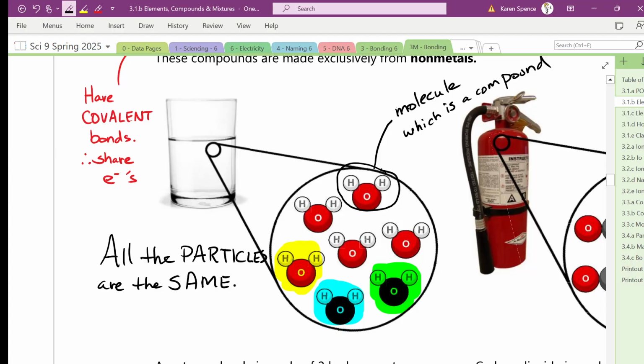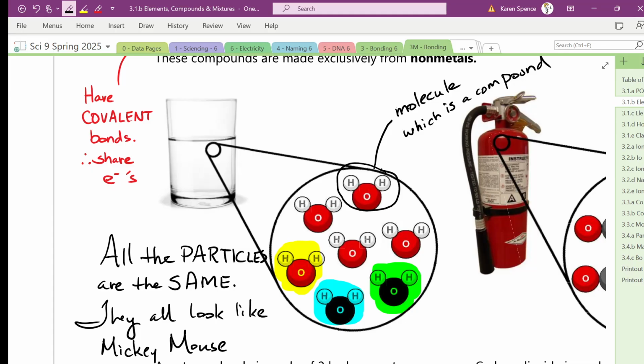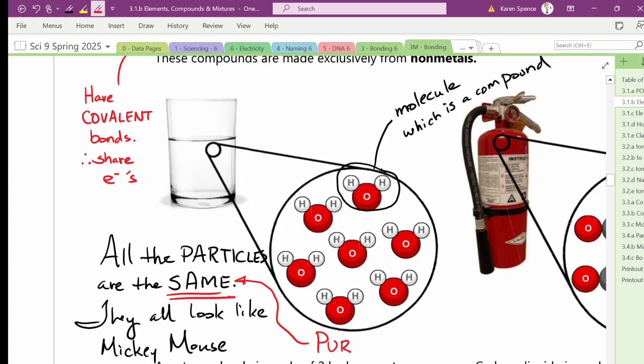They all look like Mickey Mouse. What would we have done without Disney to tell us what a water molecule looked like? I don't know. And if they are all the same, is that going to be a pure substance or a mixture? That is a pure substance. Since they're all the same, that means we have a pure substance.